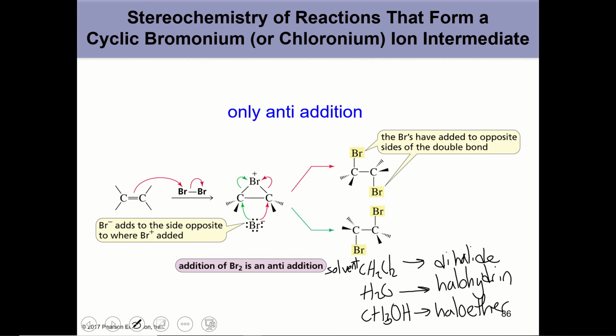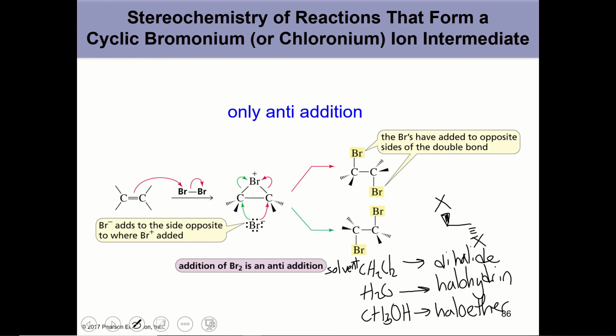So it only produces the trans, basically, provided that both of the two groups added are the priority groups at the respective carbons. So in this case, the dihalide, we would be adding one halogen on a solid wedge and one halogen on a hatched wedge.